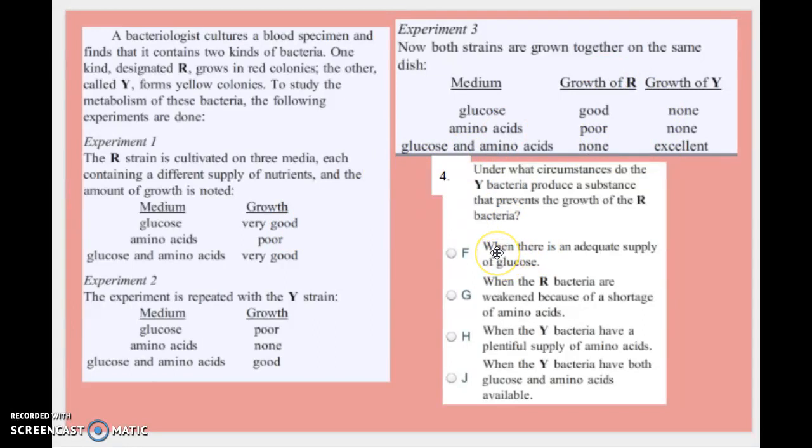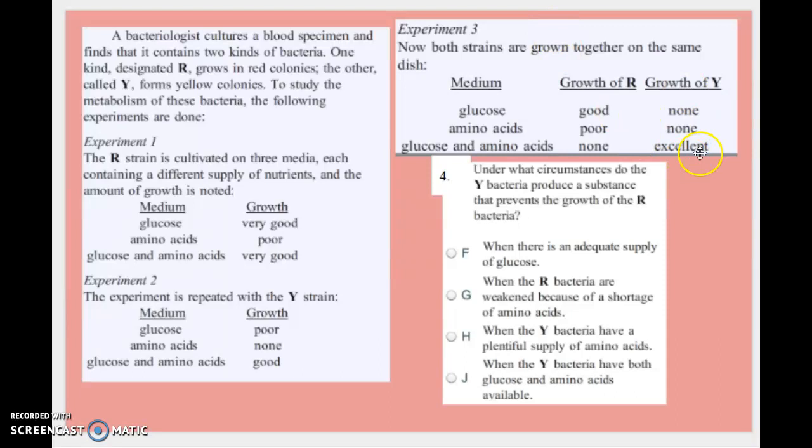So with F, it's when there is an adequate supply of glucose. Well, when there's an adequate supply of glucose by itself, the R strain grows very well. It grows poorly in the Y. When they're together, the R still does well, and the Y doesn't grow at all. So these were just small changes, but both of them were affected negatively.